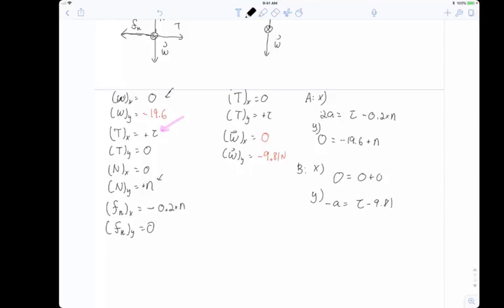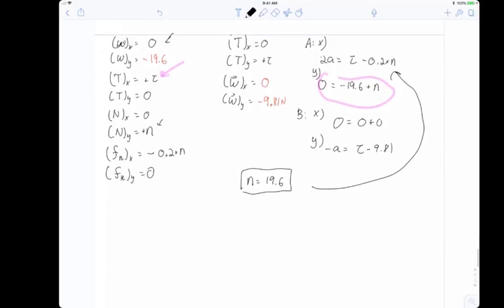All right, so let's solve this. We want to know what the acceleration is, right? So we can use this equation to figure out what the normal force is: 19.6 newtons. Once we know that, we can plug this into the equation up here.